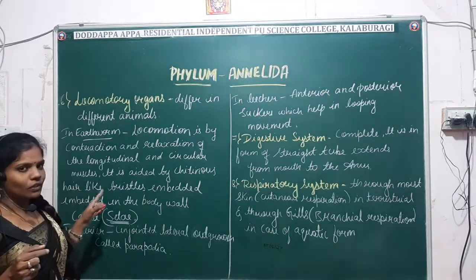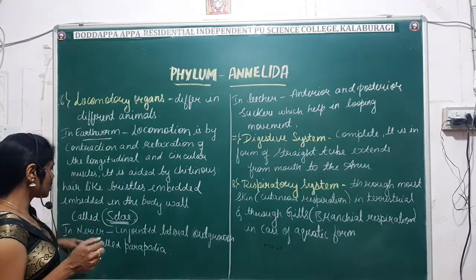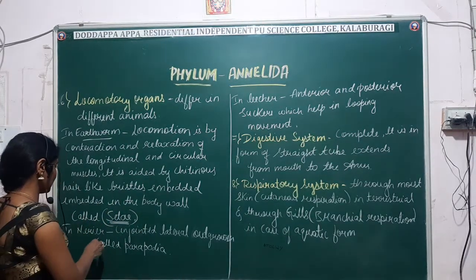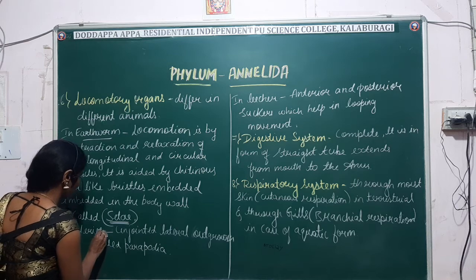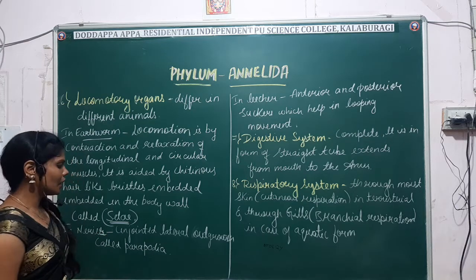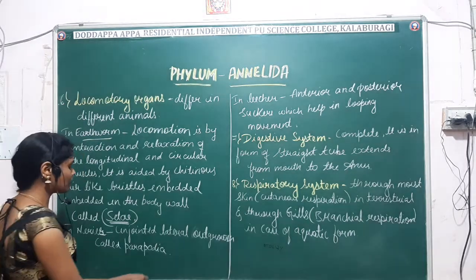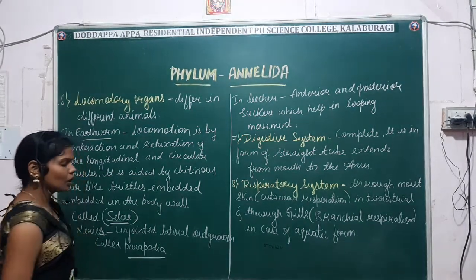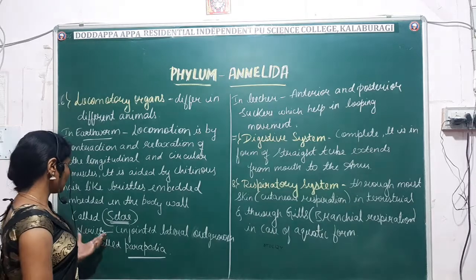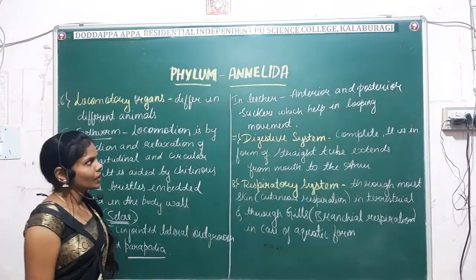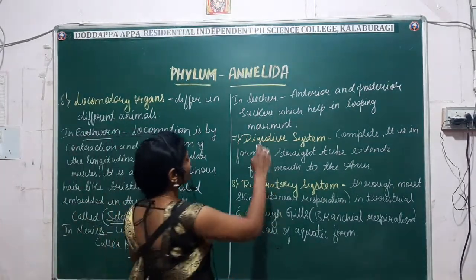So, in the earthworm, setae are the locomotory organs, whereas in Nereis, they have unjointed lateral appendages, which are known as parapodia. Parapodia are the locomotory organs present in Nereis. Next comes the leeches.